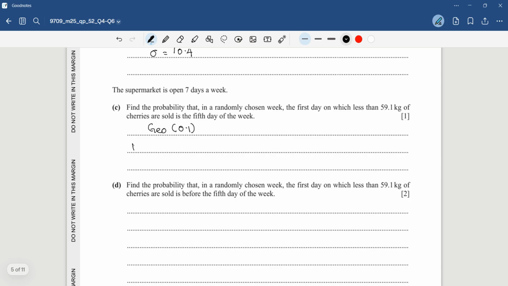So they want probability x equal to the fifth day, means the very first time they sell less than 59.1 of cherries is on the fifth day. So it's going to be q to the power of 4 times p, which will be 0.9 to the power of 4 times 0.1, which is going to be 0.0656. Okay.